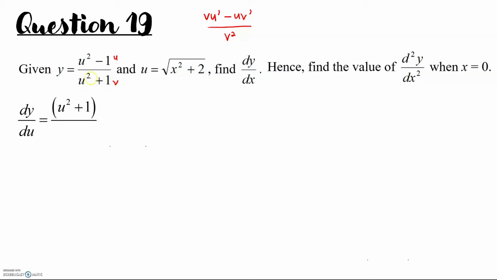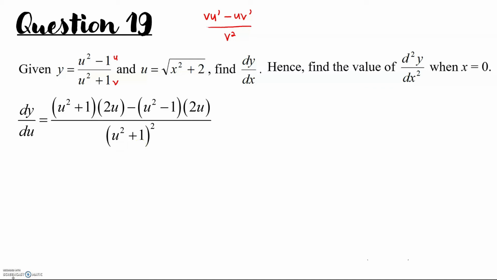First of all, we need to copy v, so u squared plus 1, and you differentiate u, you will get 2u. And then minus, you copy back u, so u squared minus 1, differentiate v, we got 2u, and over v squared, so (u squared plus 1) squared.